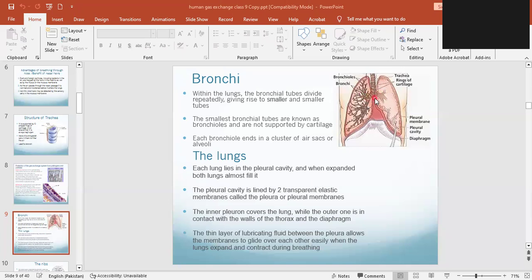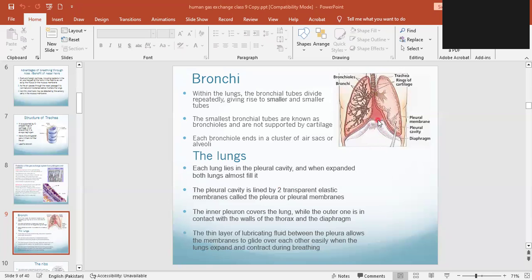And how do these lungs help in breathing? They expand and they deflate. When you breathe in, they expand like a balloon, and when the air is taken out, the lungs will deflate.